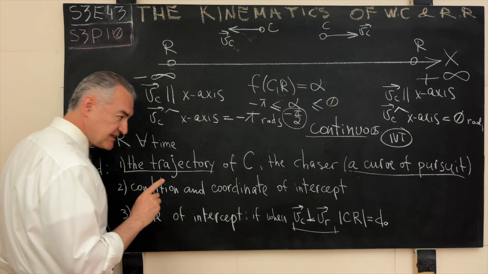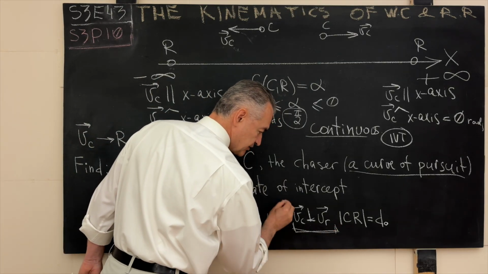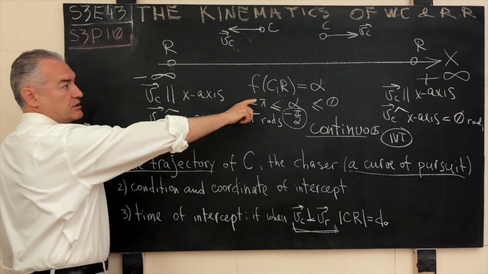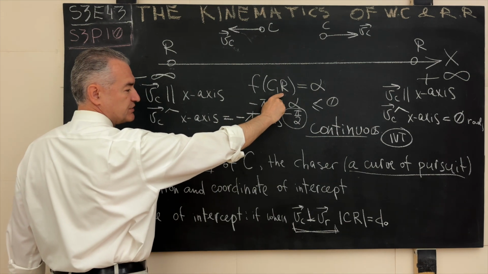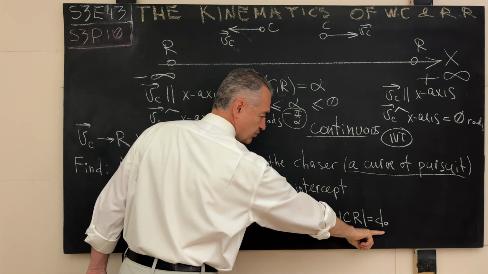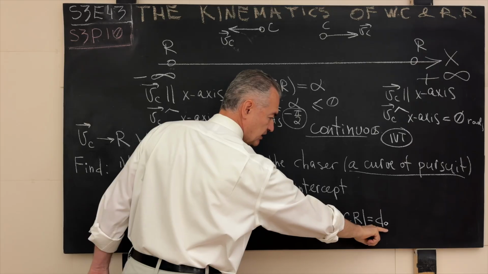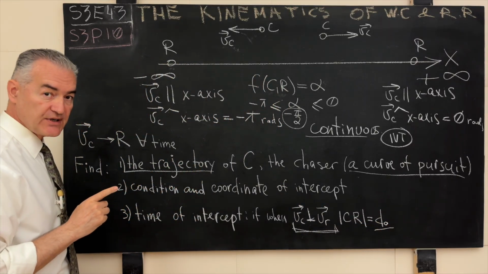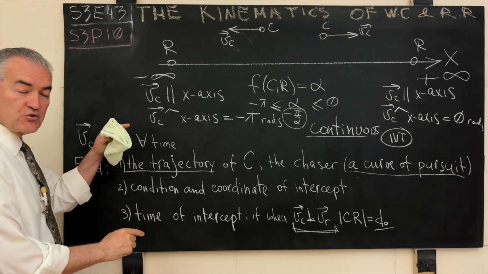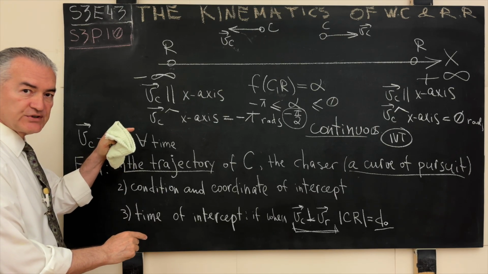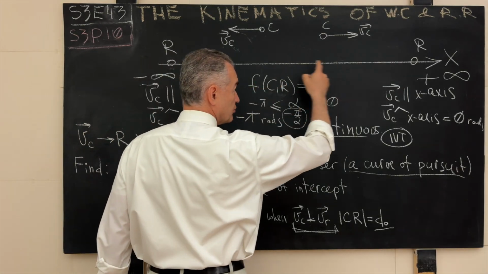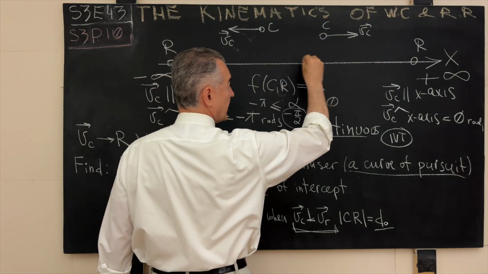And this is precisely the time, and this is precisely the configuration, the mutual juxtaposition of the points C and R, at which the distance between them is d0. And this is precisely the moment that locks in the position of the origin on our coordinate axis x.